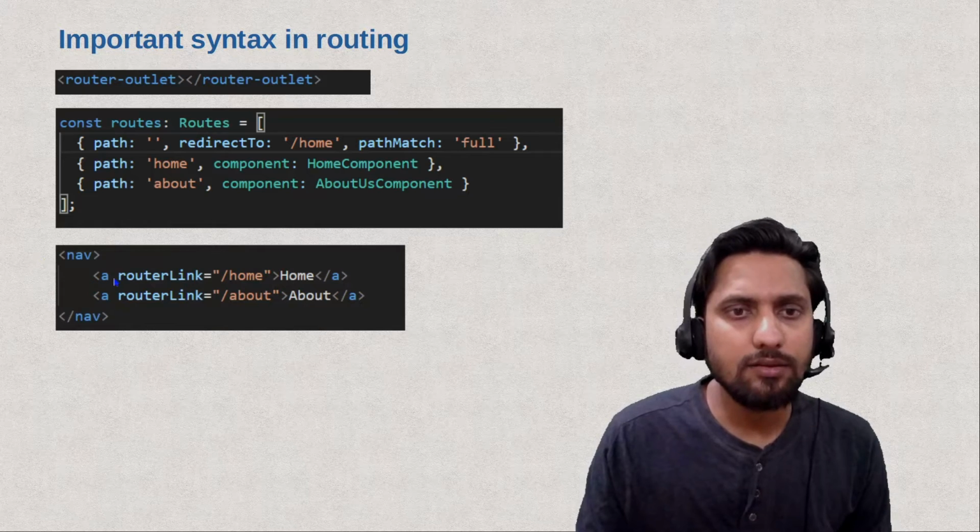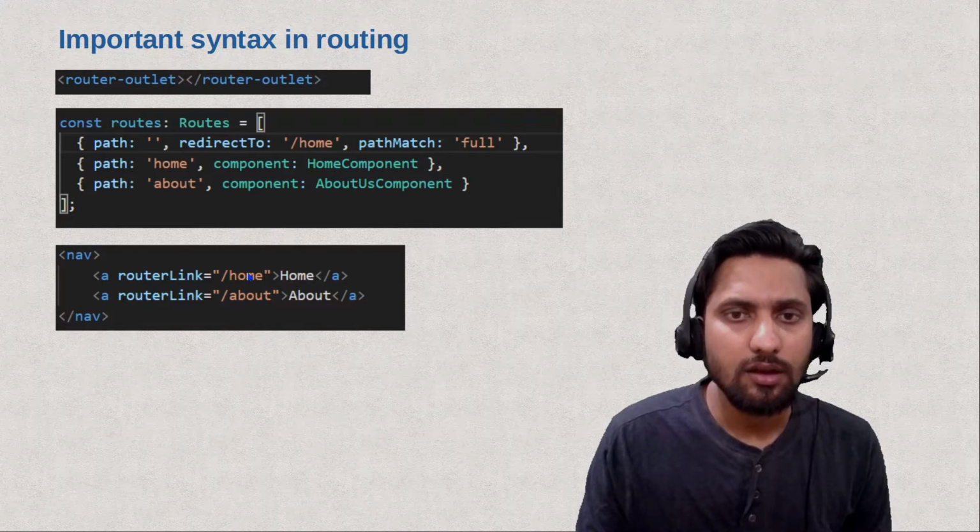The third part is router link. After adding a button, we need to give a router link to that button, where we tell the path.